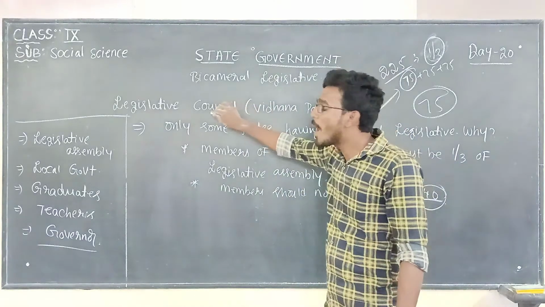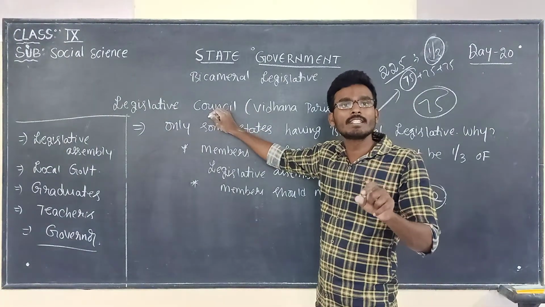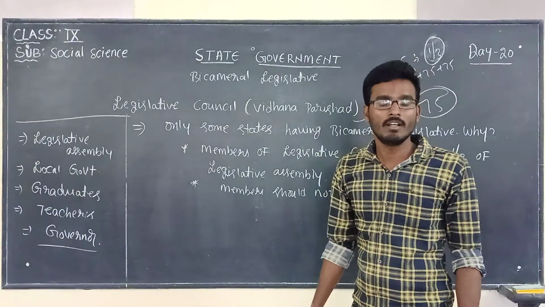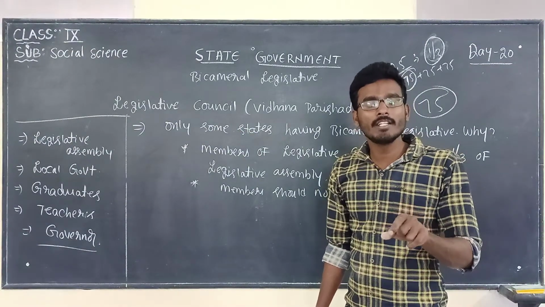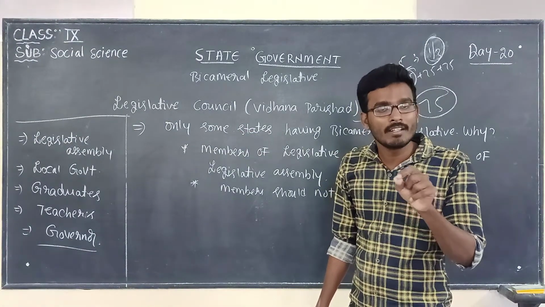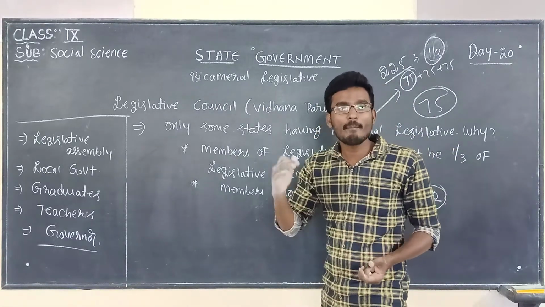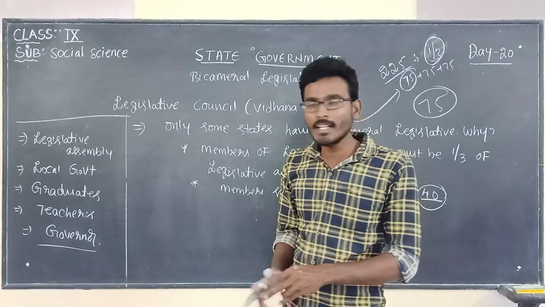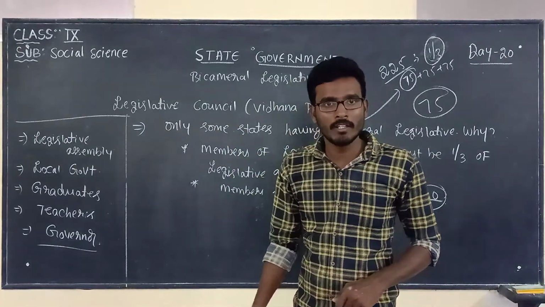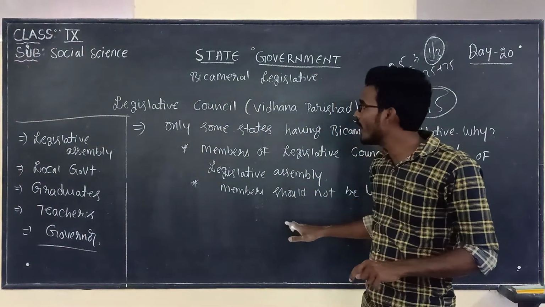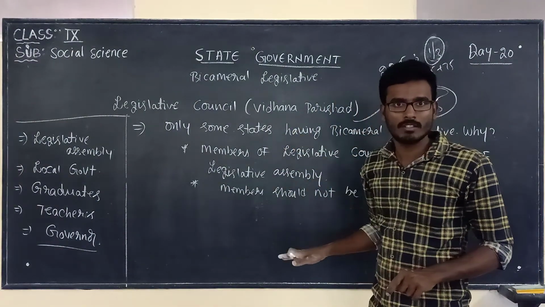Finally, the upper house in a state legislature is known as the Legislative Council. The lower house in the state legislature is known as the Legislative Assembly. So this is all about the introduction of the Legislative Council.